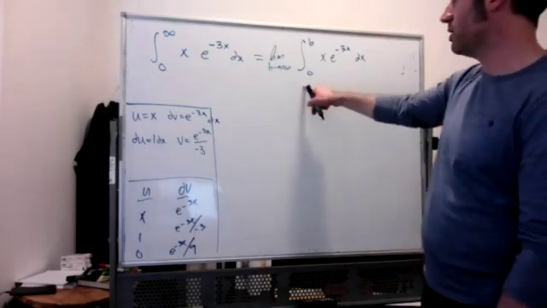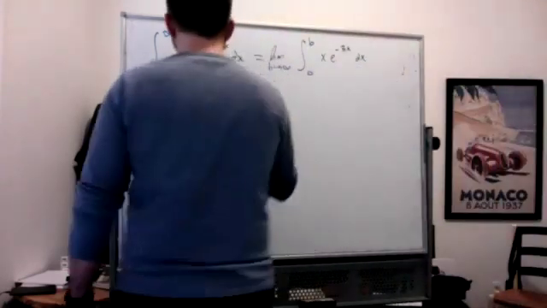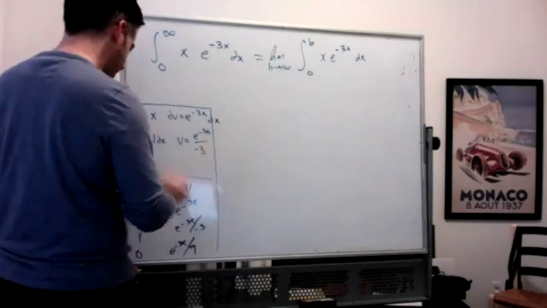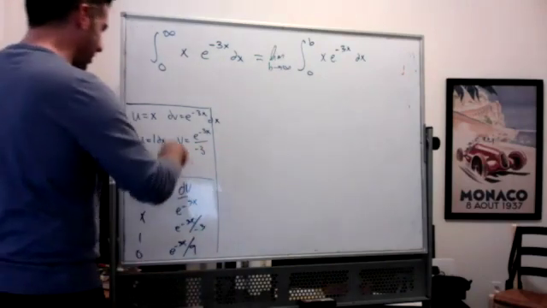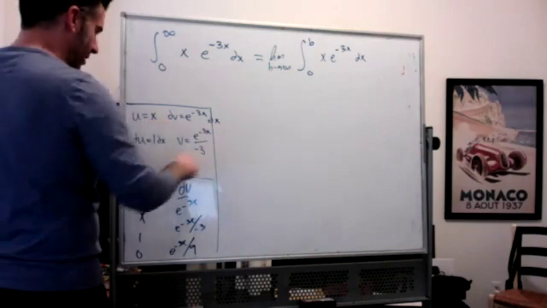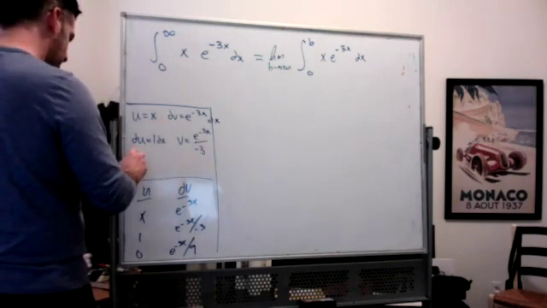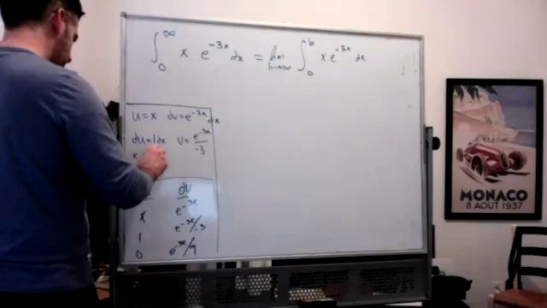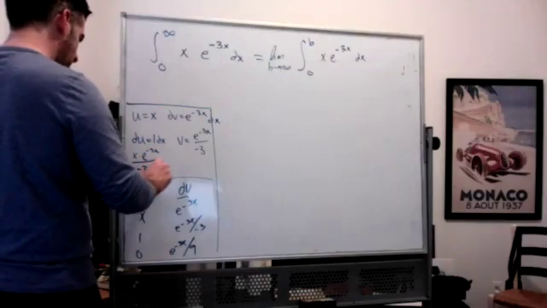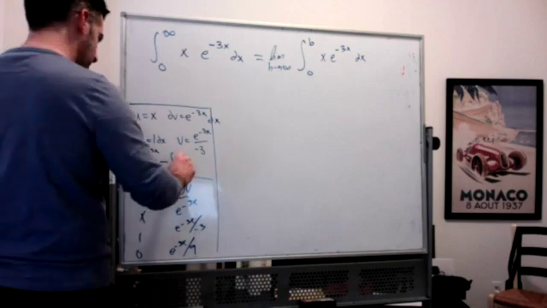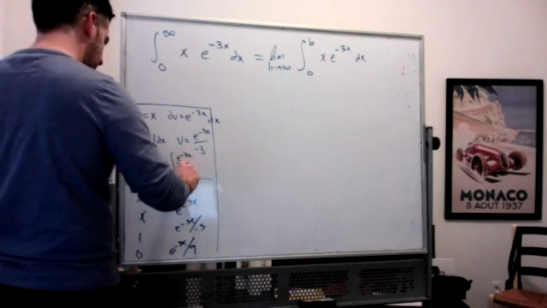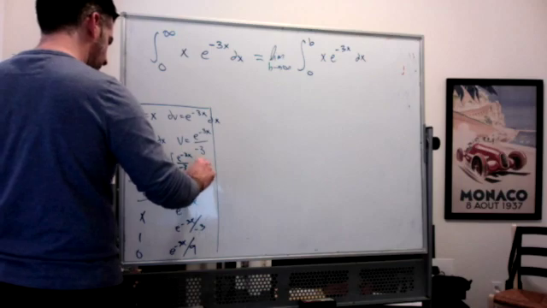Either way, we're getting x times e to the negative 3x over negative 3, minus the integral of v times du, which is e to the negative 3x over negative 3 dx.